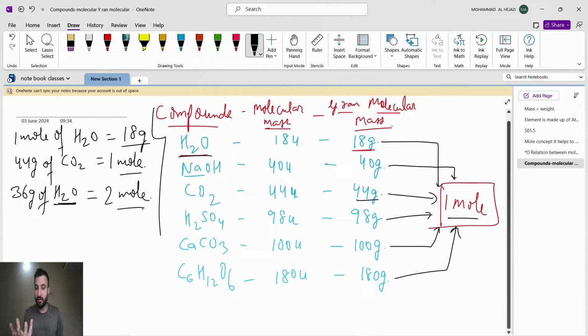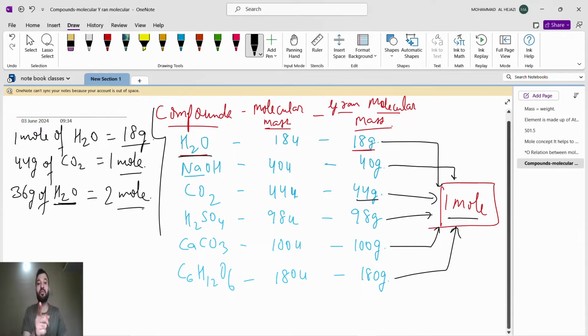Same if I give you 36 gram of H2O, the very first thing is to find the molecular mass of H2O. Sorry, we will not find the atomic mass, we will find the molecular mass. You will see that 18 gram of H2O is 1 mole, so 36 gram means 2 mole. That is the concept. I give you the mole, you give me the mass. If I give you the mass, you give me the mole. How?